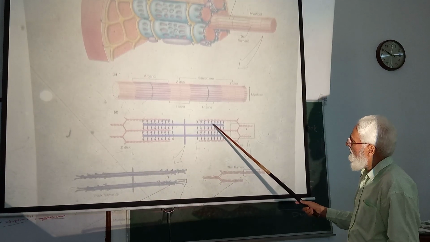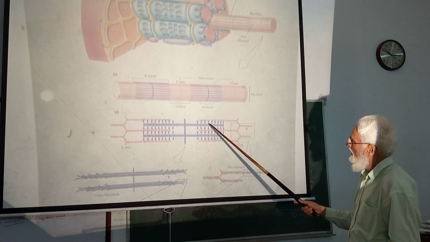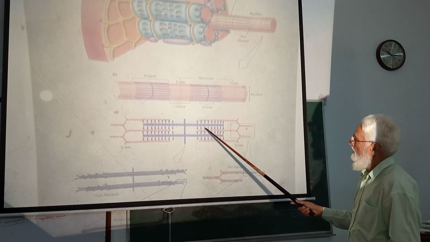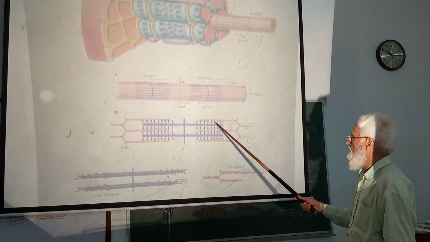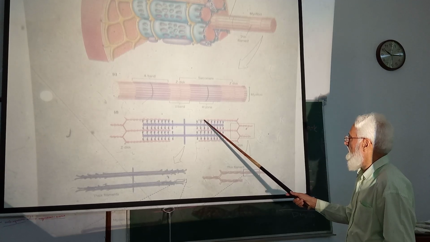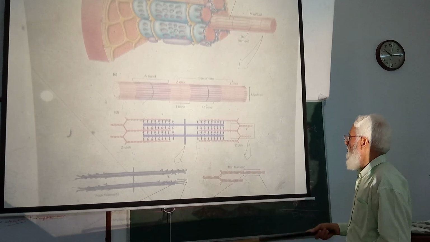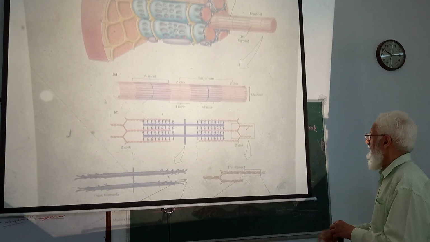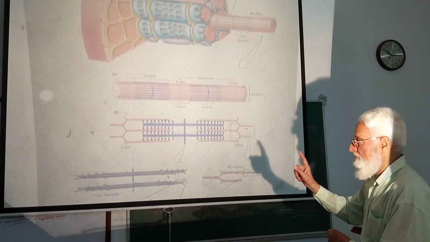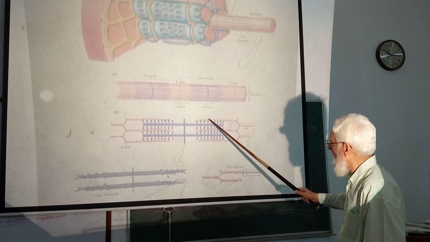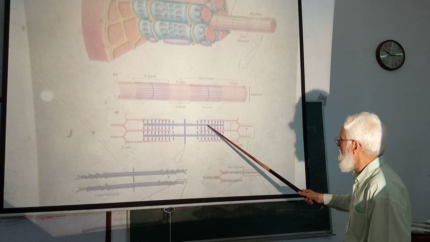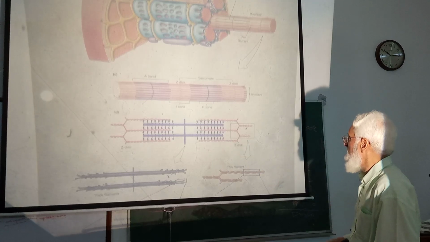Small projections come out from both sides of the myosin filament.